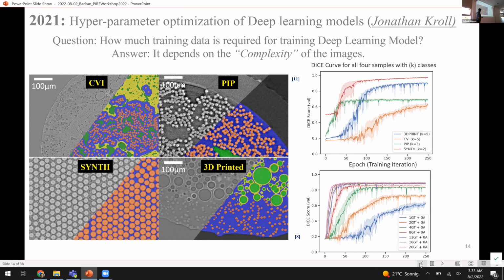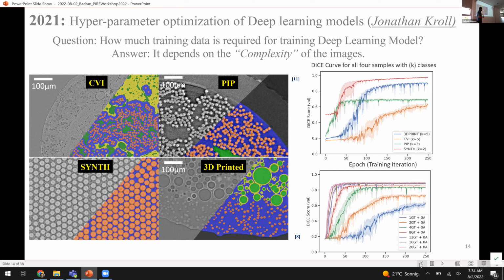So these 2 samples here appear to be more complex. These are the CBI and the polymer infiltration, and they tend to actually plateau based on the one image that is fed into them. So those are the more complex samples. Therefore, those have the lowest score of accuracy after 250 training cycles.